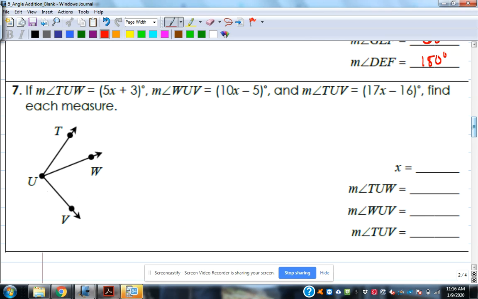Number 7, the measure of angle TUW is 5x plus 3, and the measure of angle WUV is 10x minus 5, and the measure of angle TUV is 17x minus 16. Somebody give me a setup on that one. Good job.